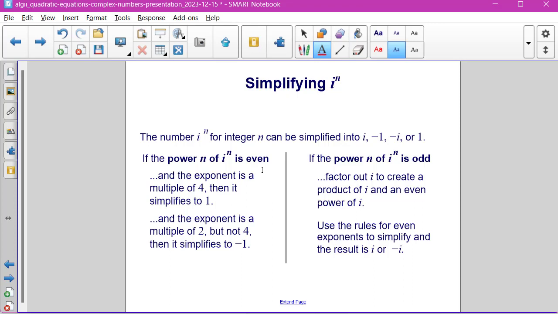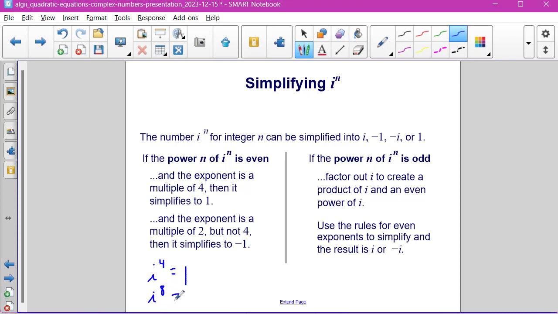Remember, we found that out when we had i to the fourth. It ended up equaling 1. The next time it happened was at i to the 8th power. That was also 1. Notice 4 and 8 are multiples of 4.